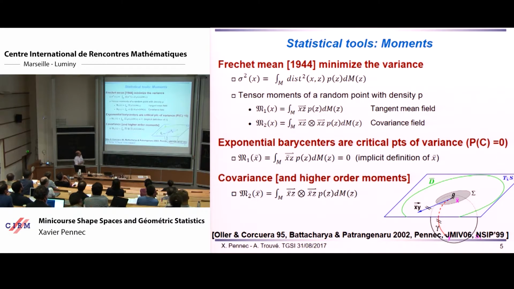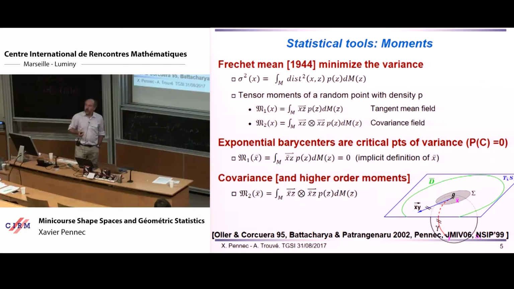And now if we look at this variance and take the gradient of that, we can show that the minima, the critical points, satisfy this equation, which is another way to define the mean, which is an exponential barycenter. The idea here is that if I am at the mean value and I'm lifting all the data in the tangent space, and now I'm looking around and integrating the tangent vectors that shoot at all points with the density, then the mean is 0.